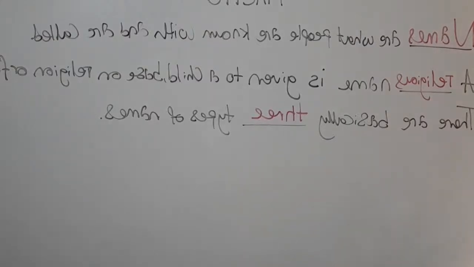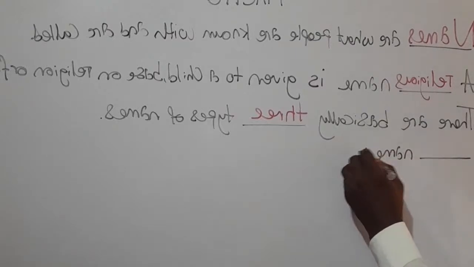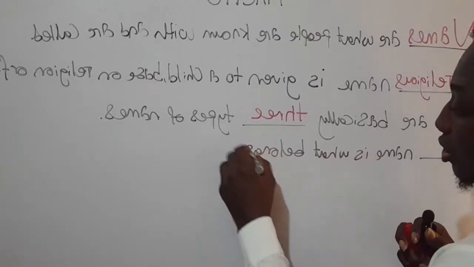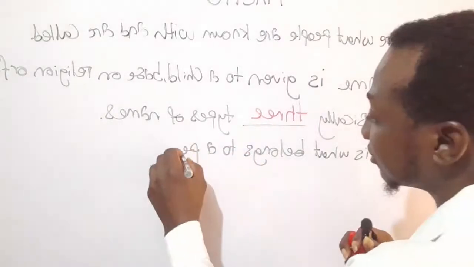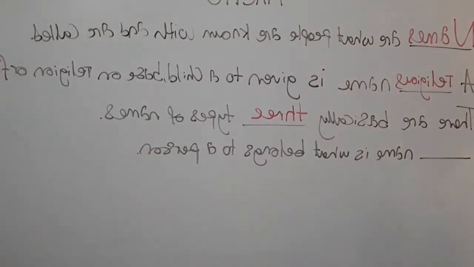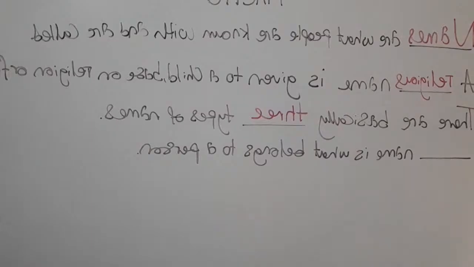Now, a dash name is what belongs to a person. Remember we said there are three types of names, so now we are going into the types of names.